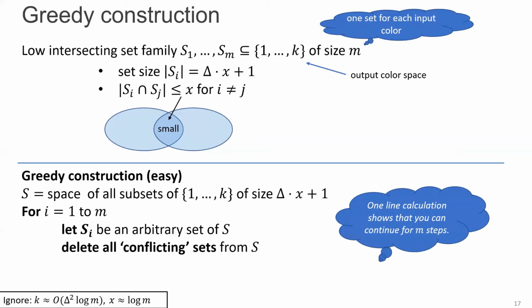And a simple one-line calculation, we have it in the appendix of our paper, shows that you can continue for m steps and construct such a family with the parameters that you want to choose. So this is what Linial has done and which is taught in many courses.